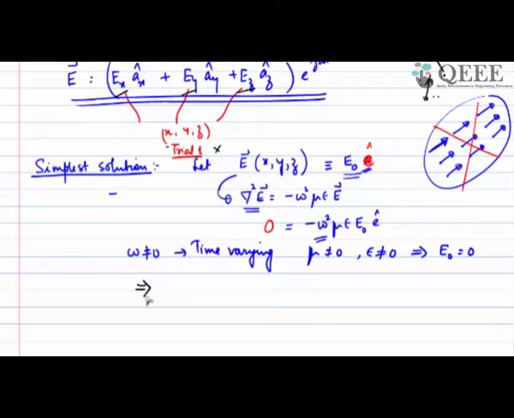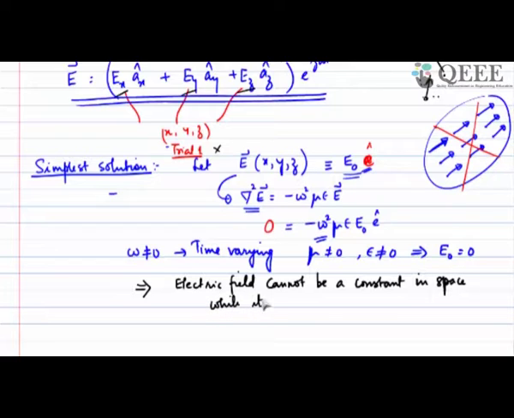So the conclusion from here is that the electric field cannot be a constant in space while it is time varying, provided it satisfies the Maxwell's equations.